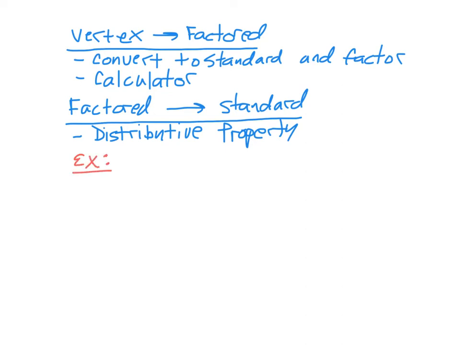So I'm just going to do an example. Let's say I have 3 times x minus 4 times x plus 6. And the distributive property tells me I'm going to distribute to get rid of my parentheses. So x times x, x squared, x times 6, 6x. Then I go to my second term, negative 4 times x, negative 4x, negative 4 times 6, it's negative 24.